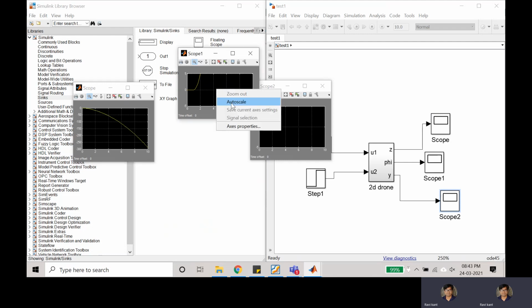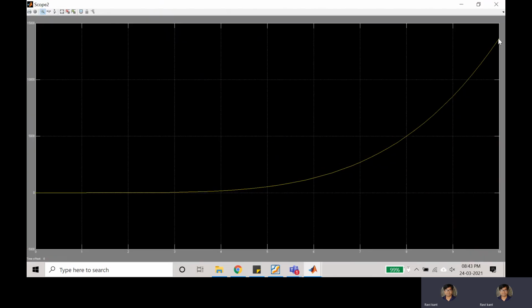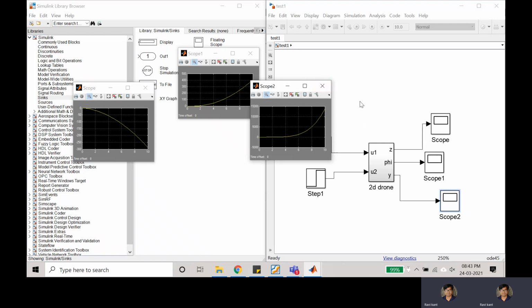Obviously, the plant is unstable. Whenever I have given step input, it has kept on increasing. The graph has kept on increasing drastically, and the plant is unstable.